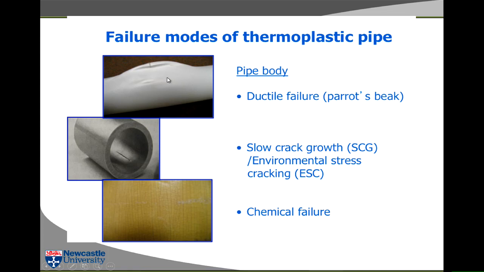That's the ductile failure. That's slow crack growth. Usually with chemical failure, you see cracks in the material. Actually, if the pipe is under pressure, it turns from a ductile material into a very brittle material, and you get cracks growing perpendicular to each of the two principal stress directions.